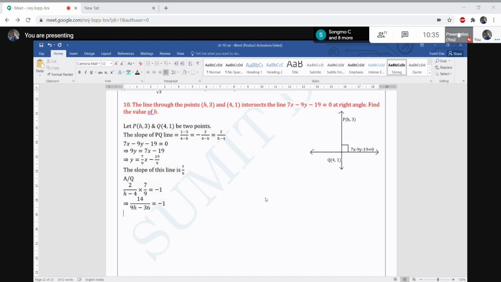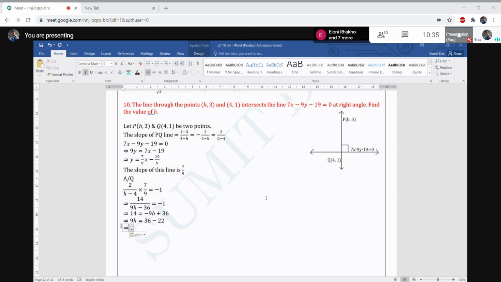So 14 equals minus 9h plus 36. If you take 9h to the left hand side and this one to the right hand side, it will be 22.